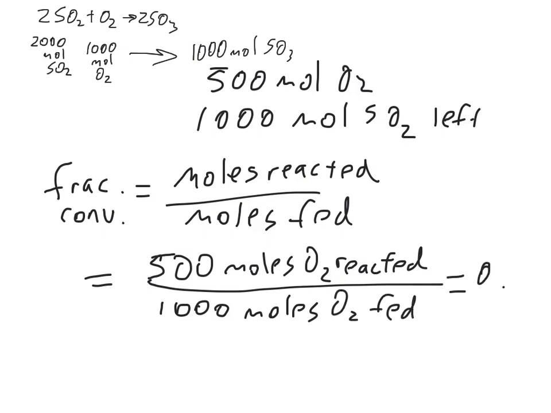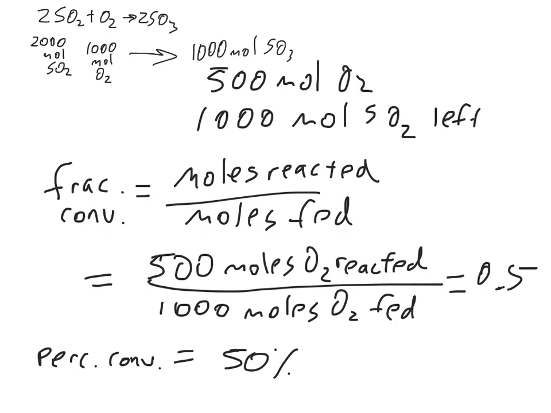That's equal to 0.5. And that's our fractional conversion. And again, we can write percentage conversion: multiply this number by 100, and that is equal to 50%. And there we have it. Some analysis on fractional and percentage conversion, and we'll get plenty of practice with this idea.